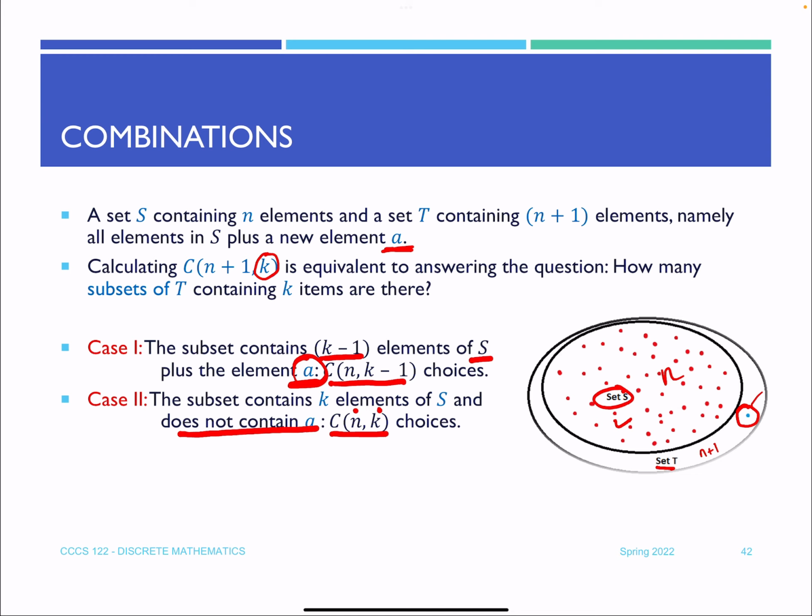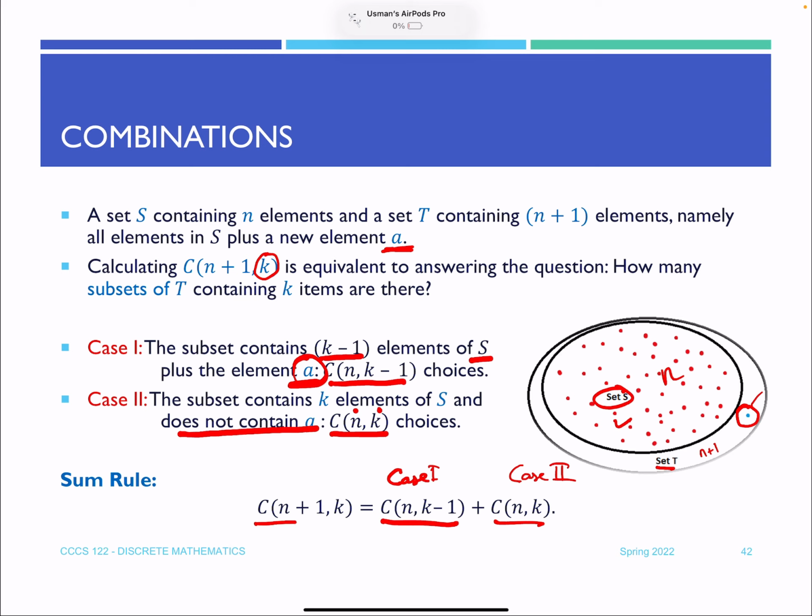It can happen one way or the other way. There's no overlap. There's no way to both select A and not select A. And that's basically where we can apply the sum rule. Case 1 and case 2, and just adding up the different ways of doing that. And that gives us the number of ways you can select k elements from n plus 1.